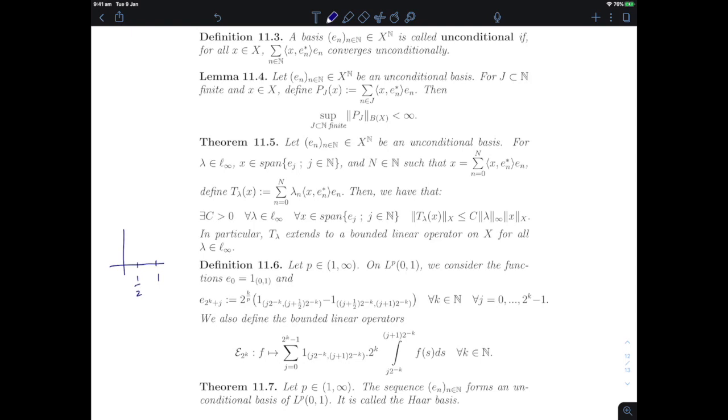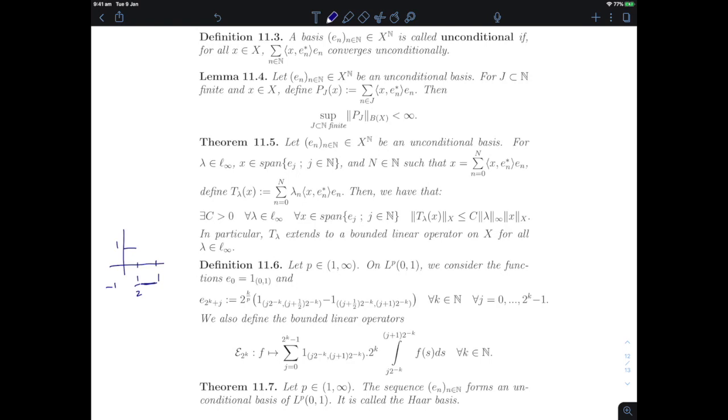And then you put a multiple of 1 on the left-hand side and a multiple of -1 on the right-hand side. This is a difference of indicator functions. Now, the actual height of this, in the case where I've taken k equals 0, would be actually 1 and -1.